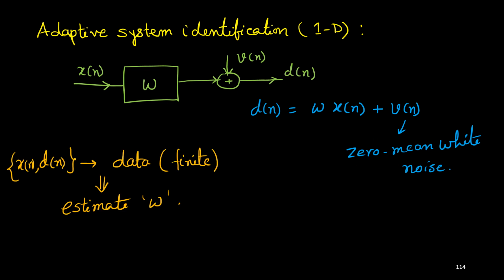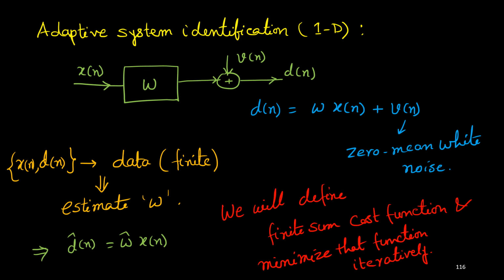From this input data, xn and dn, and a finite number of data, we'll try to estimate this w. The updated w cap will give you d cap. And we'll define the proper cost function for this, and show how to calculate the gradient and how to use the gradient descent algorithm in detail, step by step.